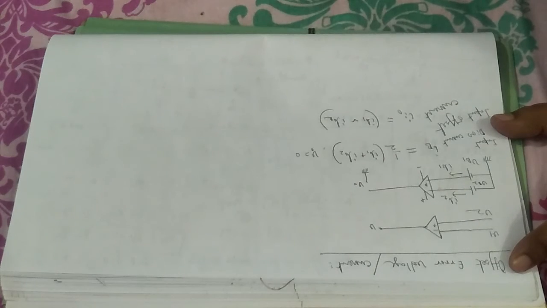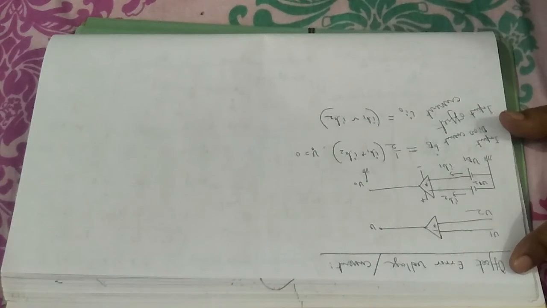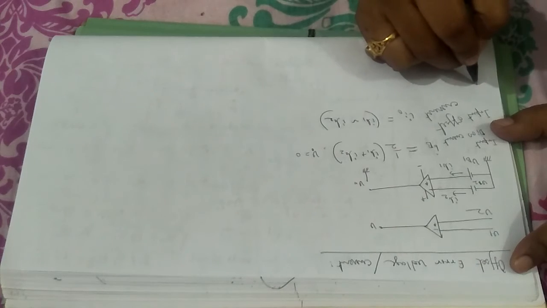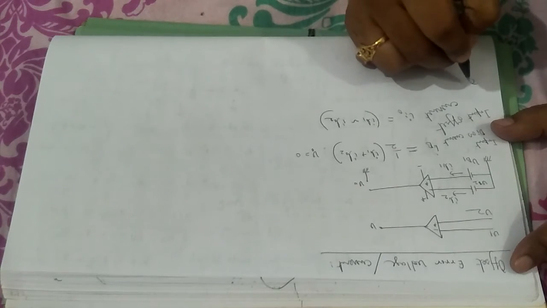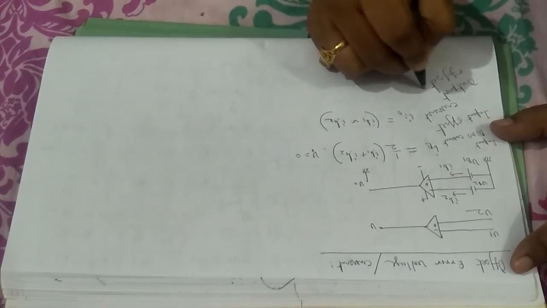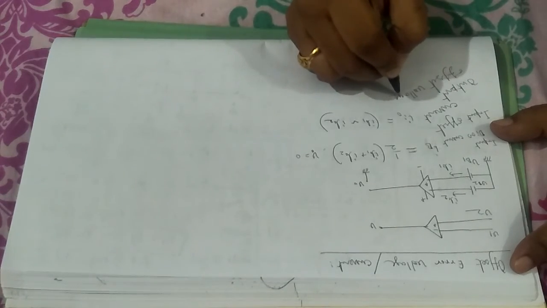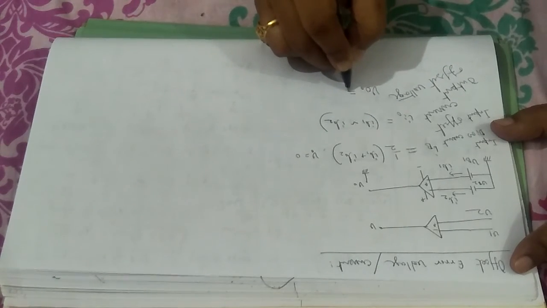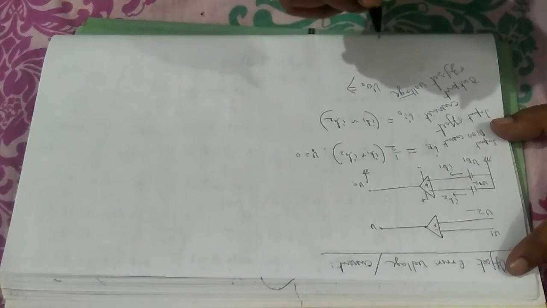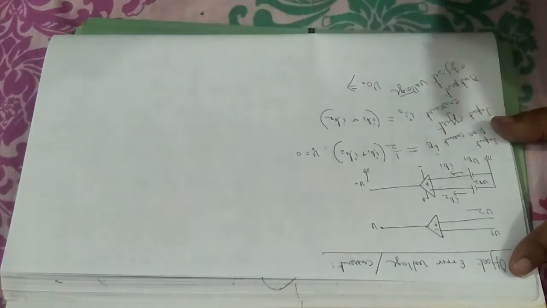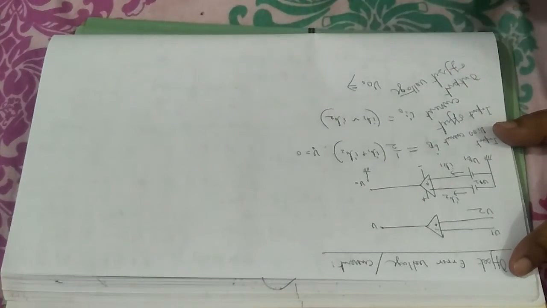And the output offset voltage, written as VO0, is the particular voltage which is to be applied at the output terminal when the two input terminals are grounded, in order to balance the amplifier.